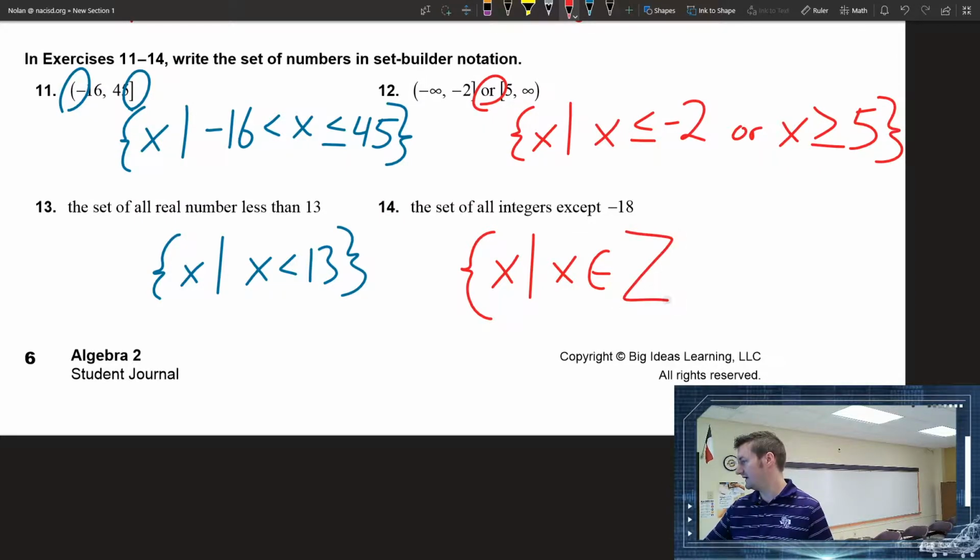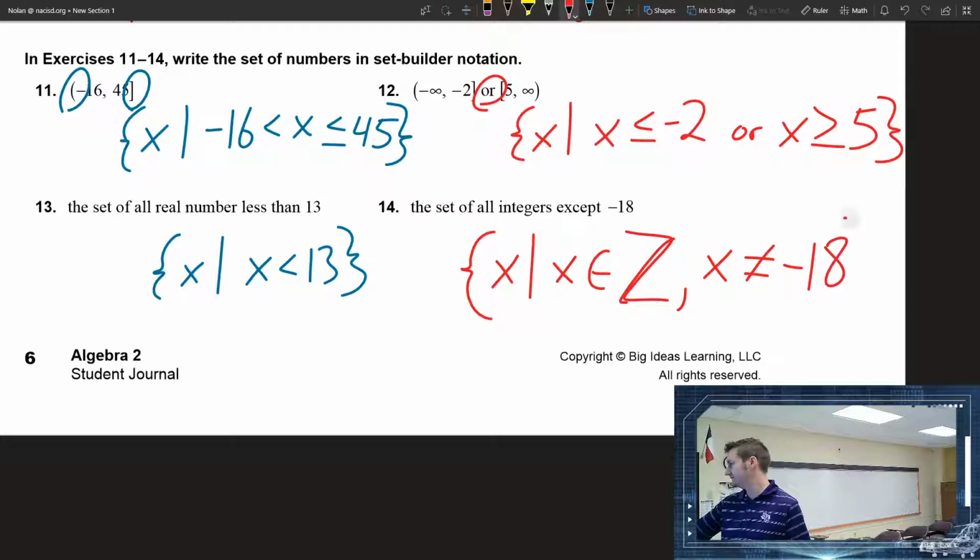We can write integers as kind of like this little stylized Z, but also x is not equal to negative 18. So the stylized Z means all integers, but it's not equal to negative 18. So that one was a little bit of a tricky one, but anyway.